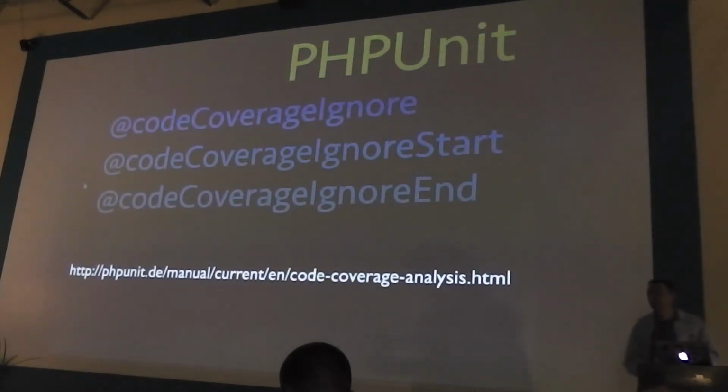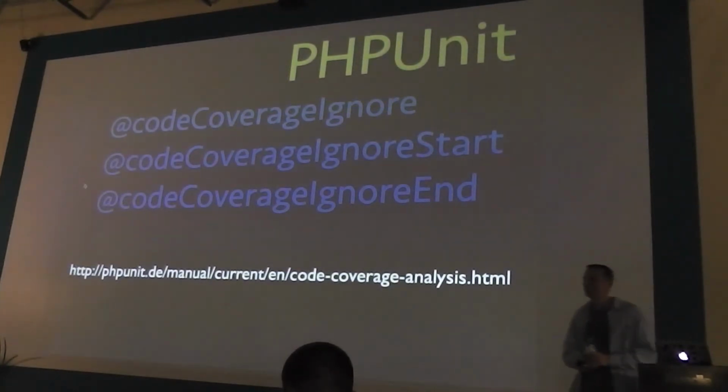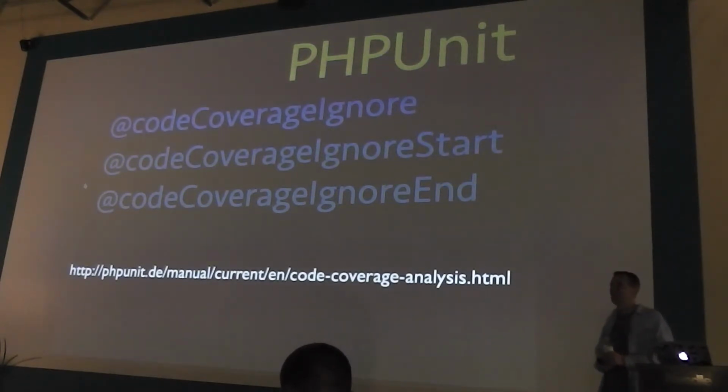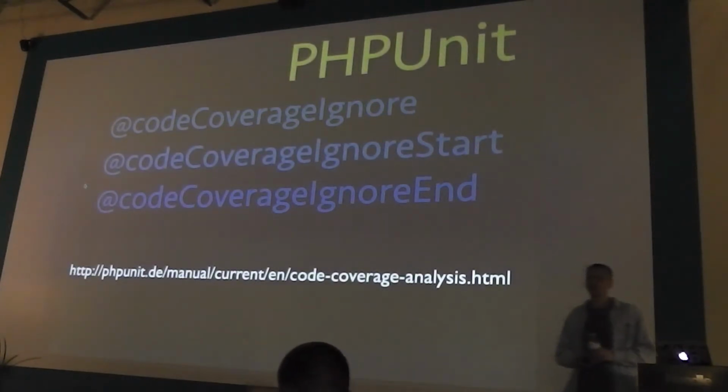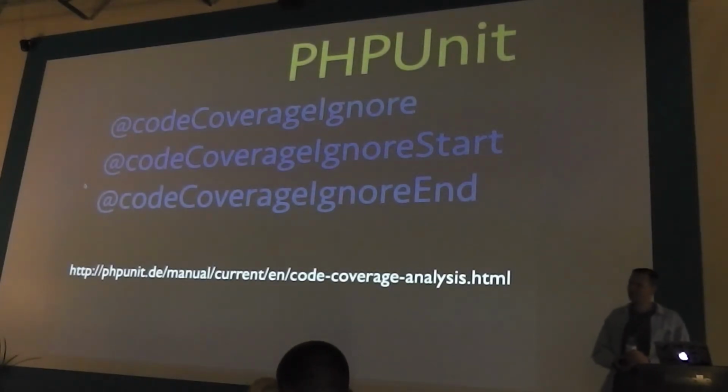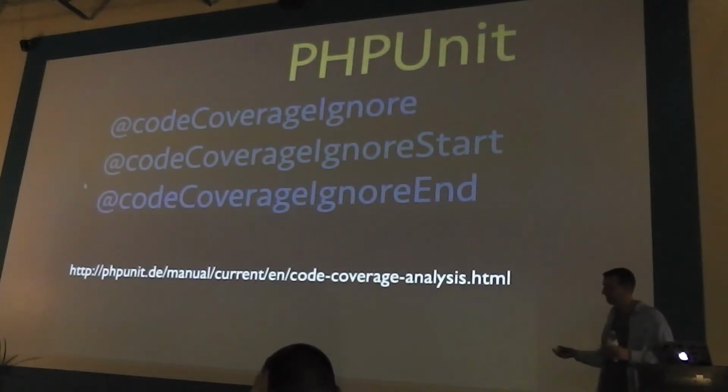In PHPUnit, there are some declarations that you might find handy. You may find some conditions. As a matter of fact, I'll probably say you will find some conditions in which the code coverage analysis is insufficient, and you have blocks of code that maybe are initializing things or doing some other activities where you don't have specific tests for that, and you're okay with that.